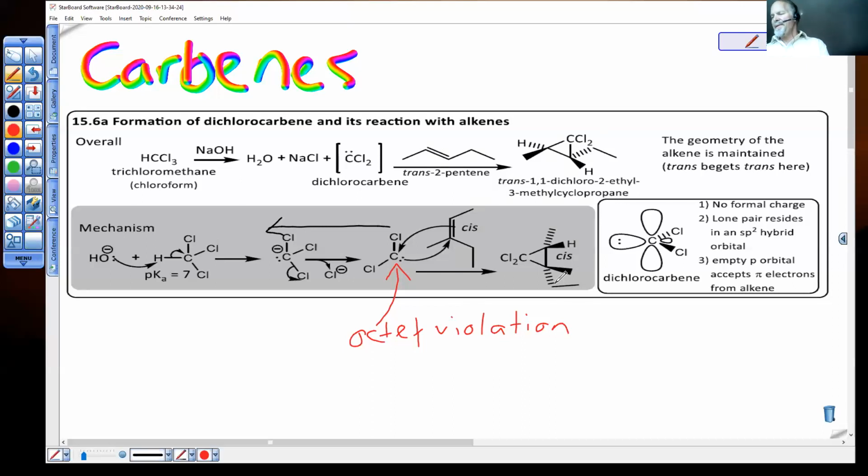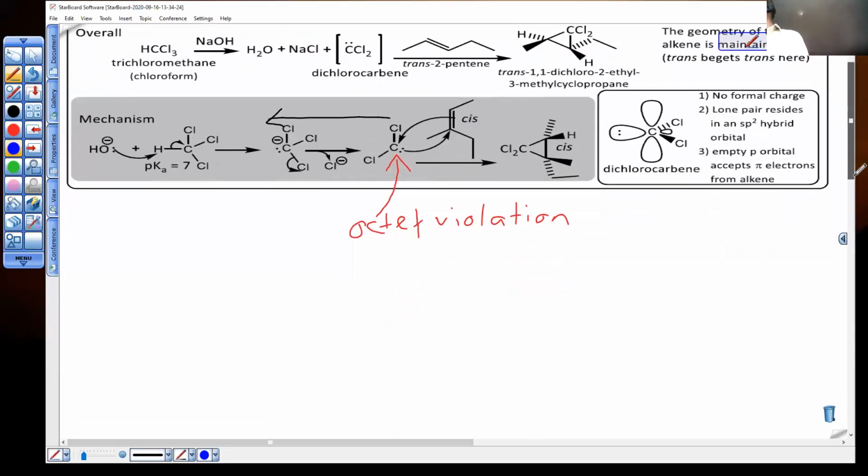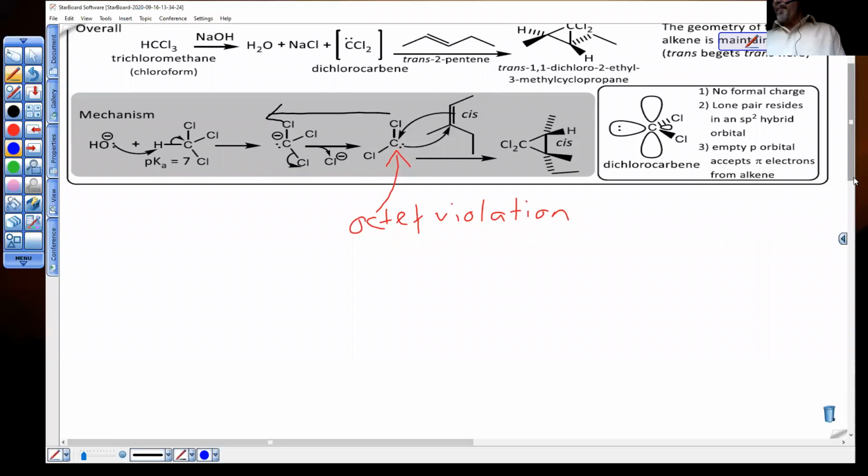So we'll do our own example here. In fact, we could review even further backwards. Start with methane.